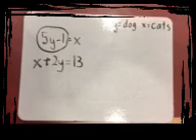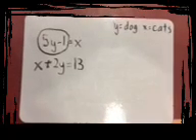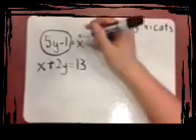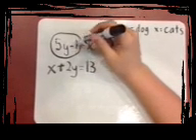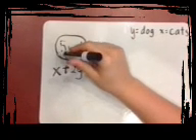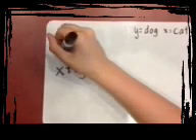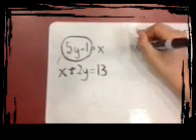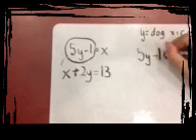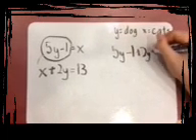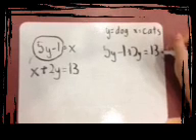I'm going to show you how to solve a system of equations using substitution. In this problem, x equals 5y minus 1. And there's x here, so you can substitute it in. So 5y minus 1 plus 2y equals 13.